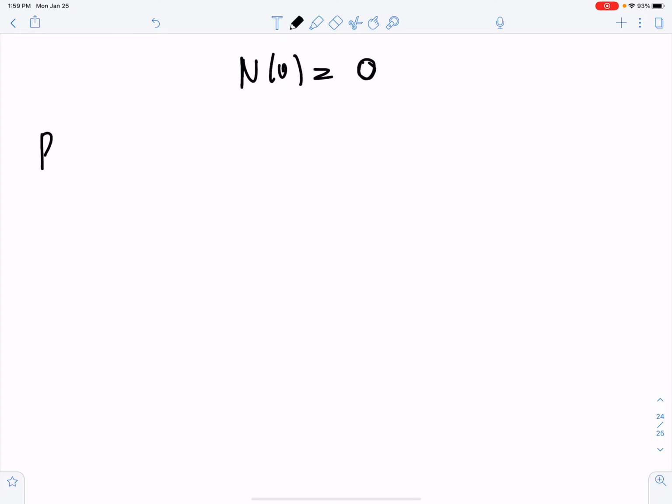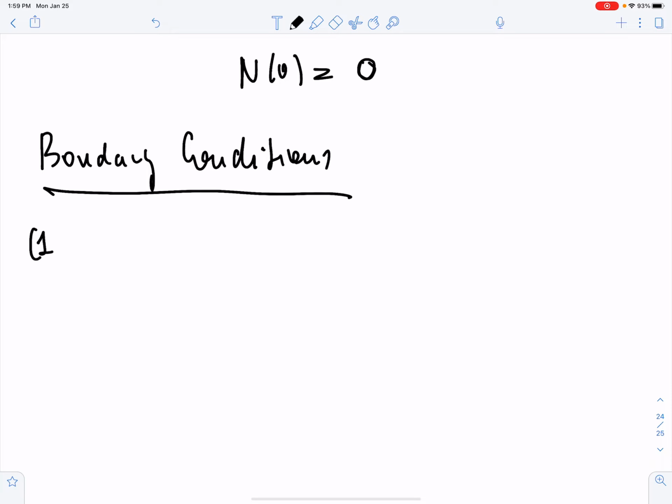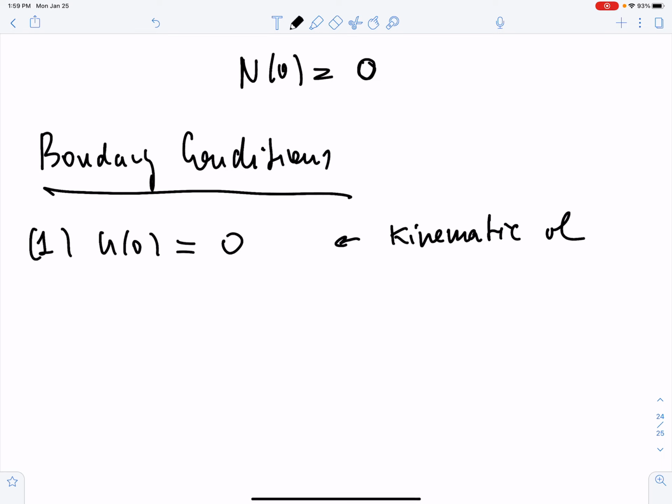And so the boundary conditions become: one, u of 0 equals 0. This is known as the kinematic or geometric boundary condition. It's nothing to do with the forces that you apply.